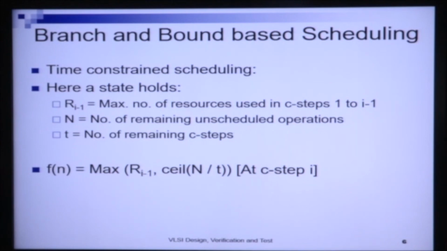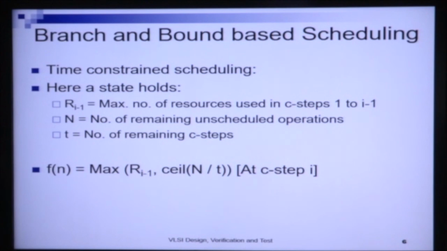Given that there are no dependency constraints, n by t is the minimum number of resources that I may need at all time steps for the remaining t time steps that I have. Now max of R(i-1), ceil n by t gives me the lower bound for my current state.